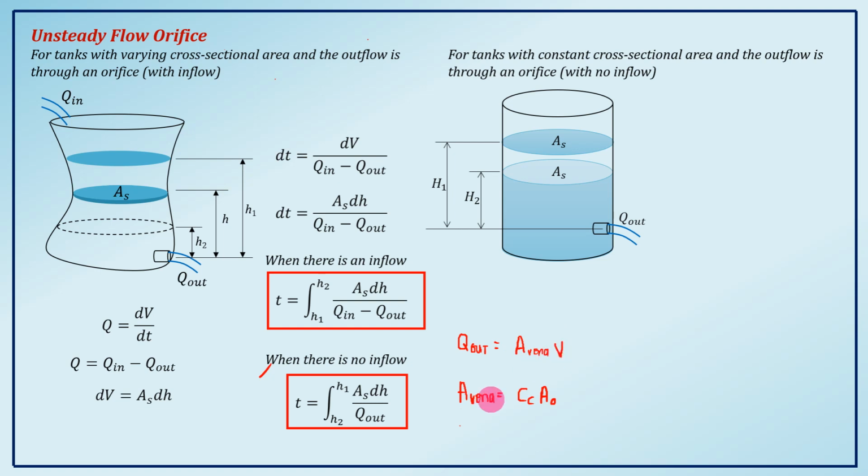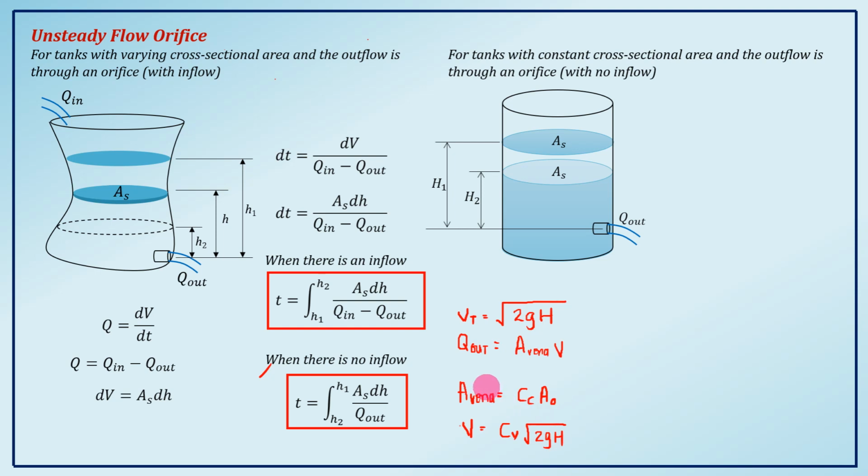For the actual velocity, there is a relationship with the coefficient of velocity, multiplied by the theoretical velocity. We derived the theoretical velocity for an orifice as the square root of 2gH, where H is the total head producing the flow. You need to know how to use H, which we discussed earlier. So, we have CV multiplied by the square root of 2gH.